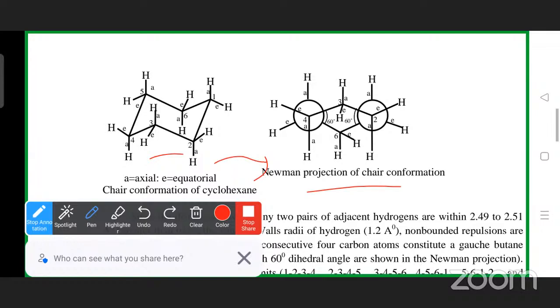You convert this chair conformation into the Newman projection of the chair conformation, and see which bonds are on one plane and which are in a different plane.